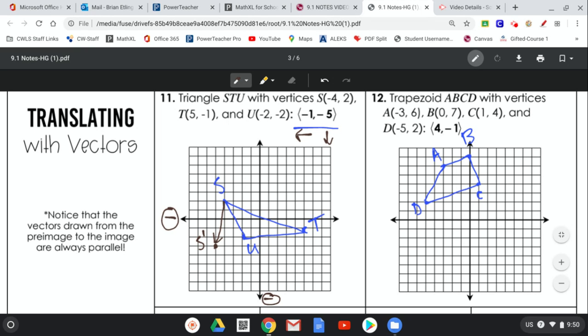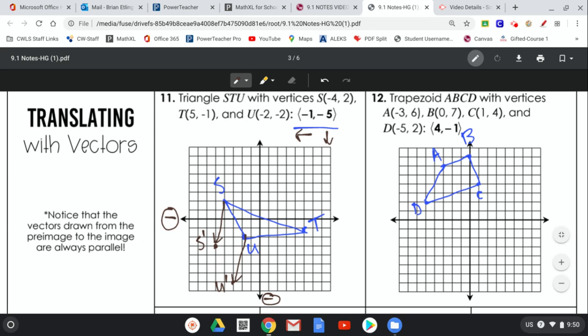All right, so for U, we're going to move to the left 1, down 1, 2, 3, 4, 5. All right, so that is going to be the coordinate for U prime. So for that one, if we draw our vector in there, it's going to go from U to U prime.